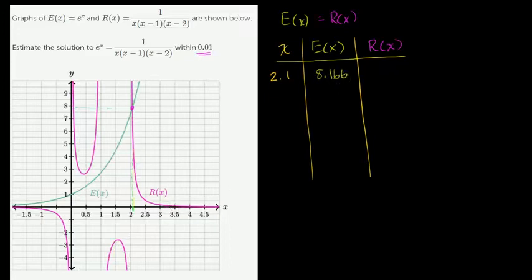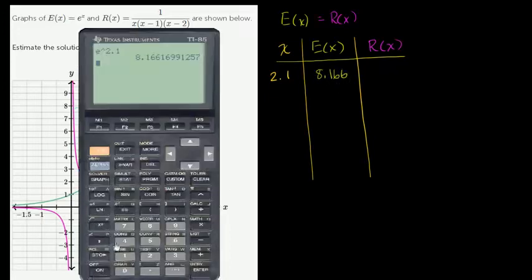And what is r of x? r of x is 1 divided by x, so that's 2.1, times x minus 1, well, that's going to be 1.1, times x minus 2, well, that's just going to be 0.1.